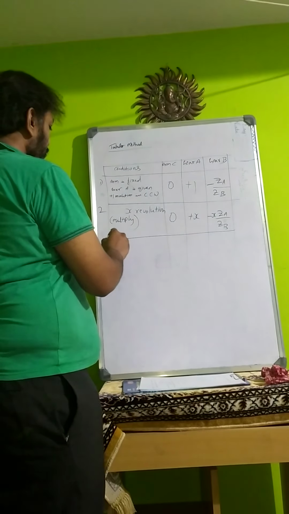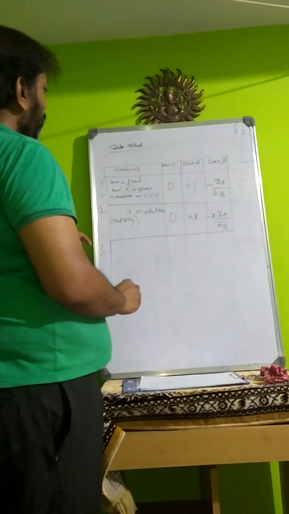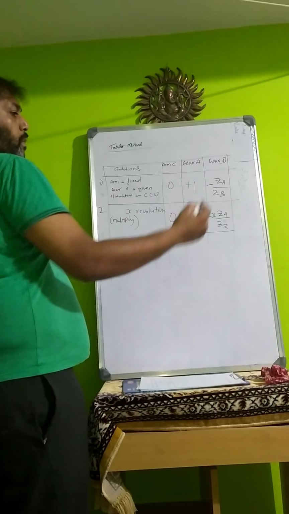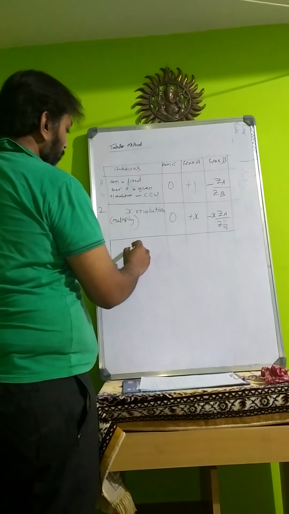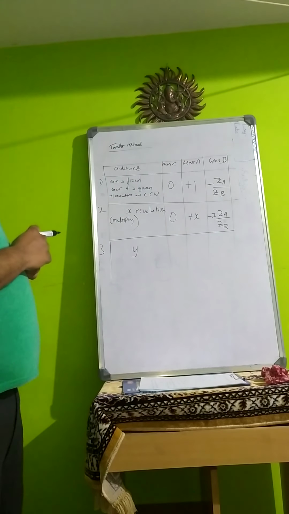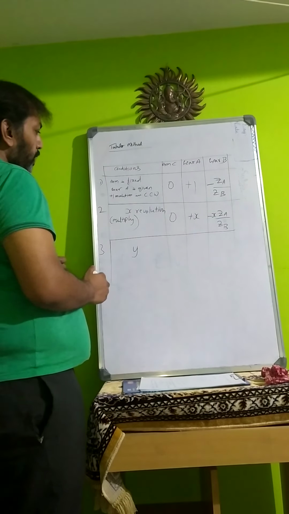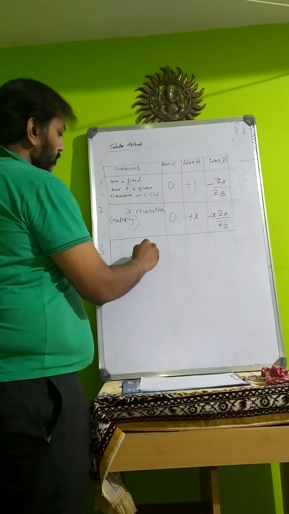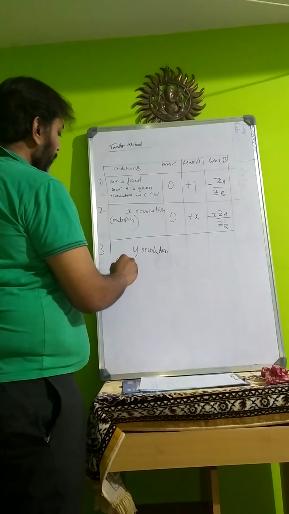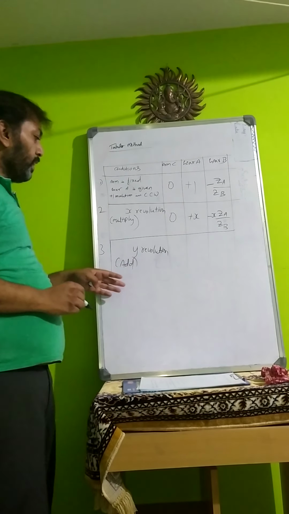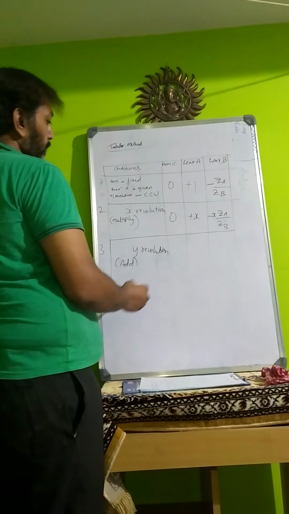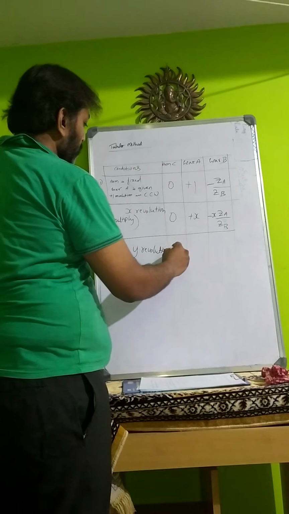Now go to the third row. What condition are we setting? We want to give one more revolution, Y revolutions. We add Y revolution to the above elements.